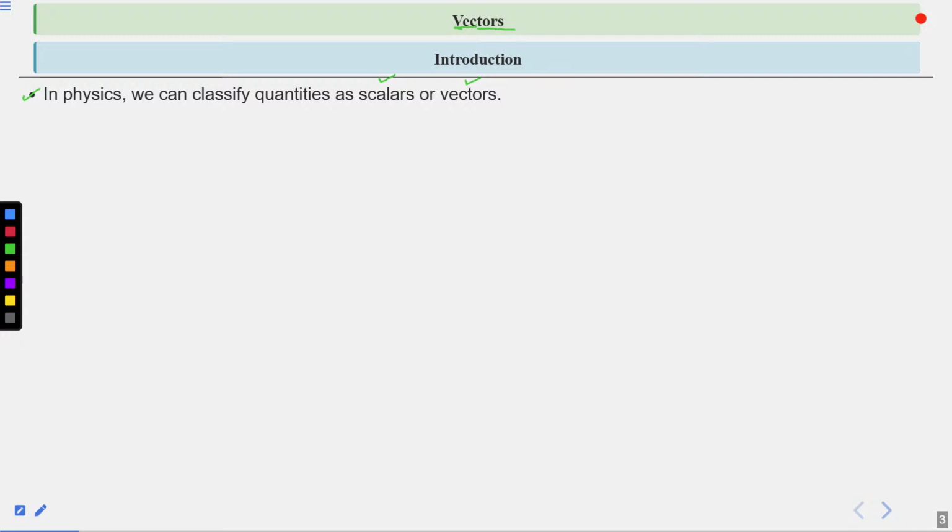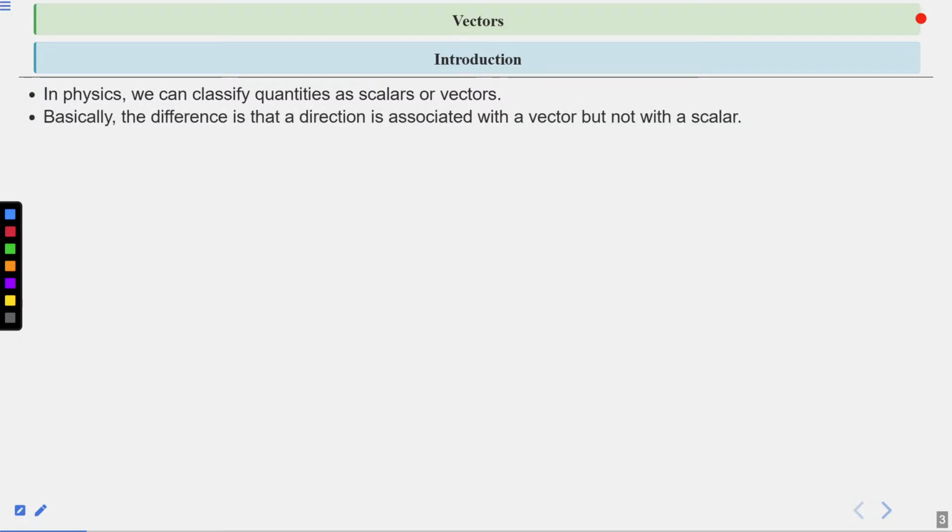A scalar is a physical quantity which has only magnitude, but a vector is a physical quantity which has both magnitude and direction. Basically, the main difference here is direction.